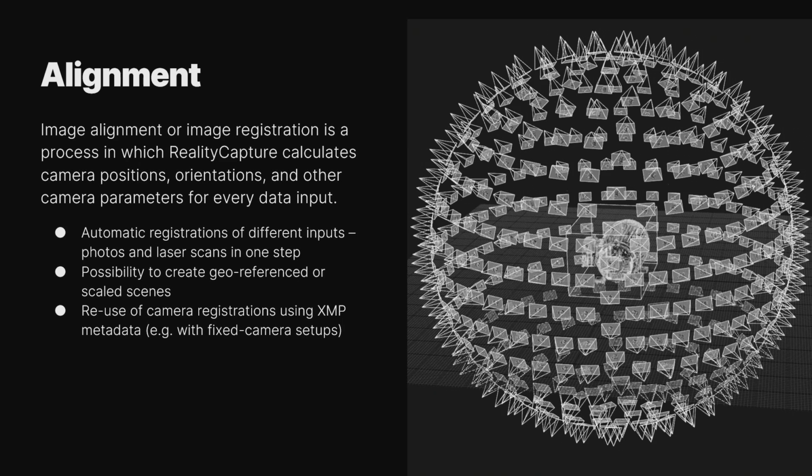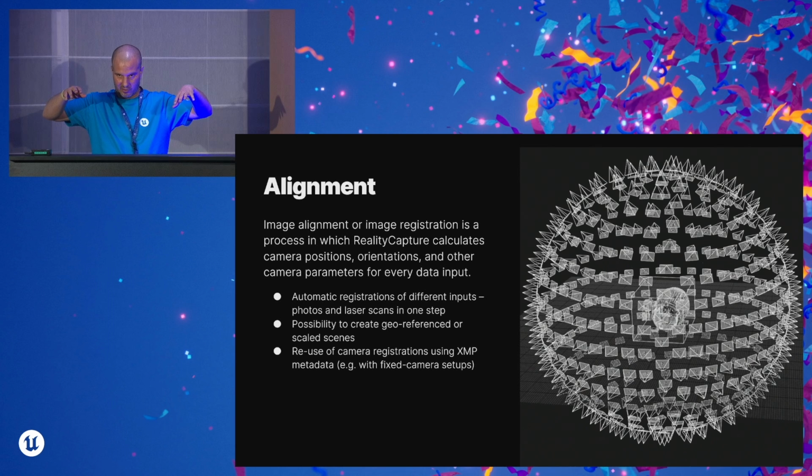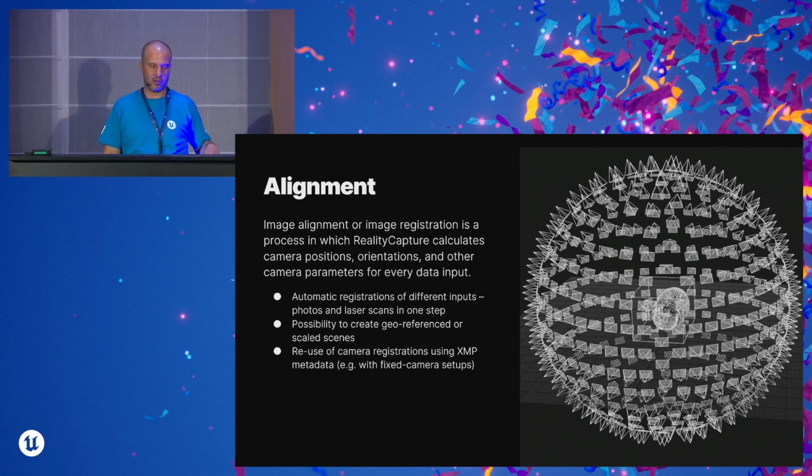Reuse of cameras, that's what I was talking about earlier with the rigs and using the XMPs. Depending on your rig, we have 3 different ways of saving those XMPs. Draft basically is a starting point, and then it'll just shift the cameras around a little bit after it's got the draft XMP.